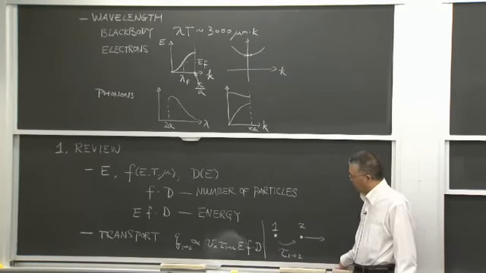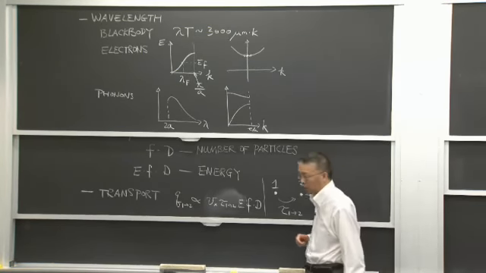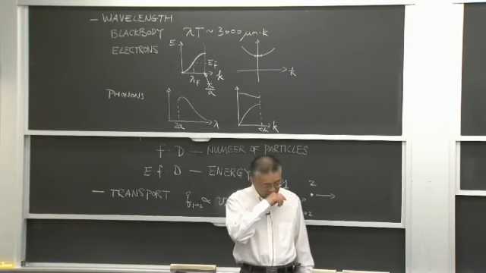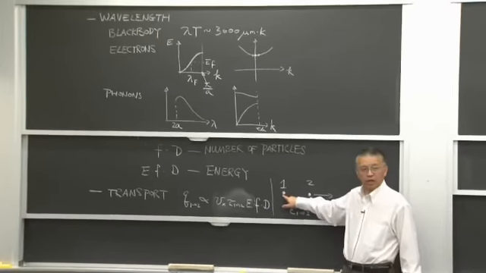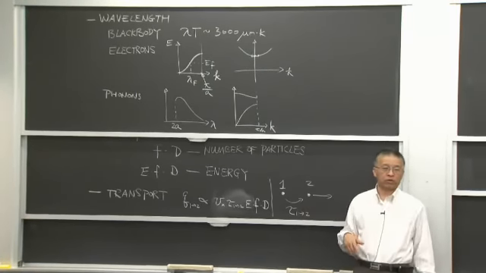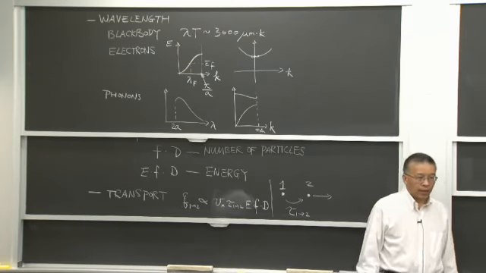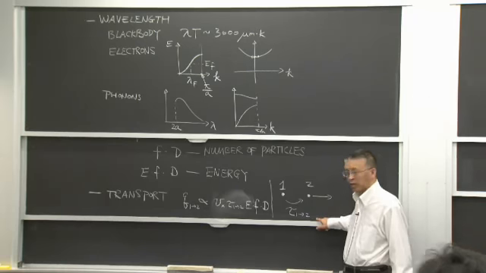And then we said at the end of last lecture, we're moving on to look at transport. And the first idea we look at is, if I want to find out how much energy is going from point 1 to point 2 in different space, what I'm going to find out is the transmittance.